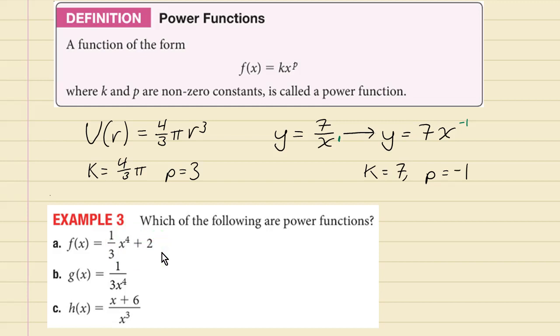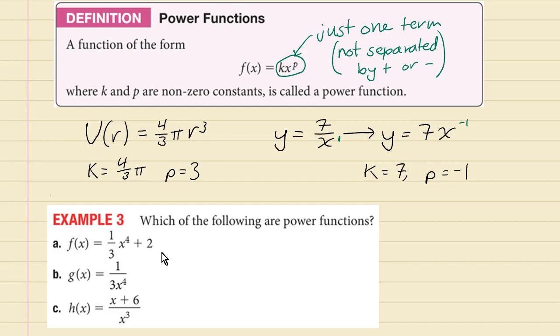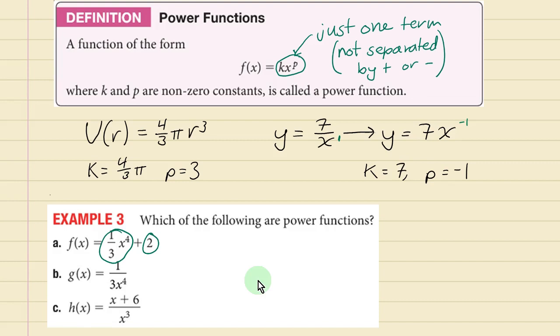If these terms can't be combined into one term without a plus in the middle, then it's not a power function. A power function is really just one term. A term is something that is being added or subtracted, and if you have just one term, it's not separated by plus or minus. Here you have two terms, and there's no way to combine them, so they can't be written as just one term. So that is not a power function.